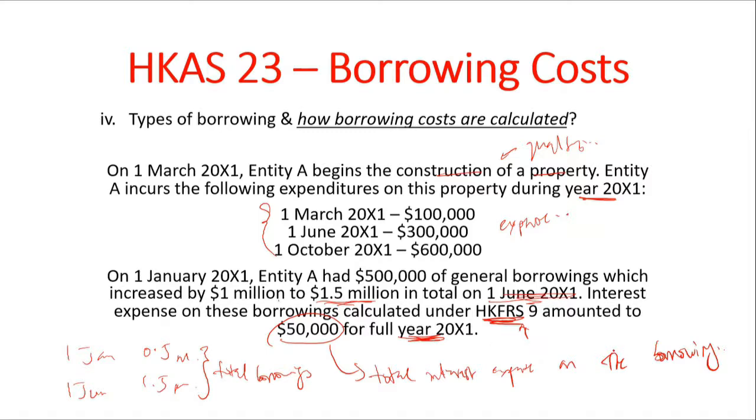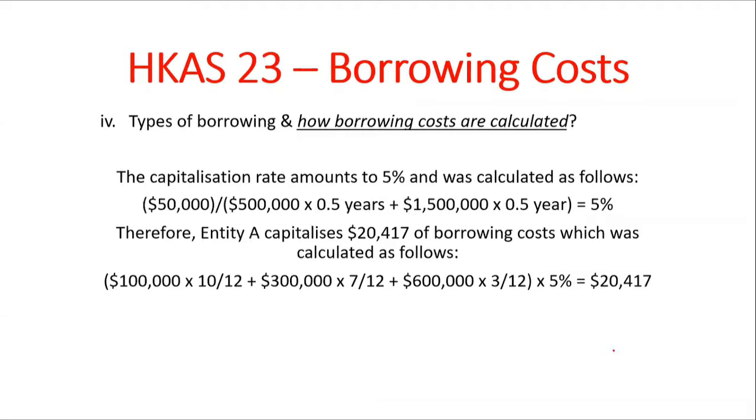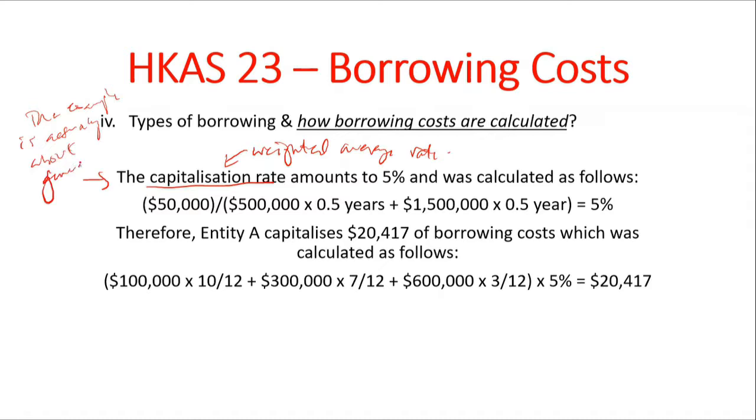So let's look at a typed solution since my writing isn't that good. The first thing that you do is to calculate the capitalization rate, also known as the weighted average rate. In addition to that, the example is actually about general borrowing, not specific borrowing.